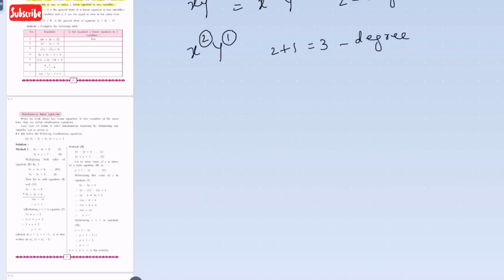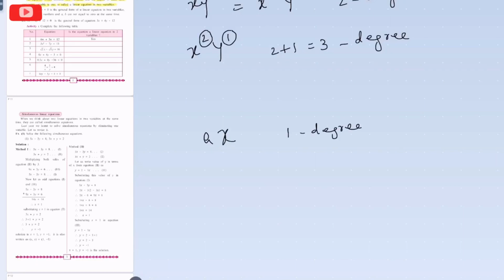Now suppose I multiply the variable x by a constant a. Then the degree of ax is 1. Reason?